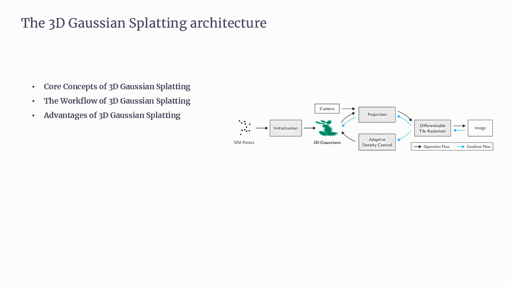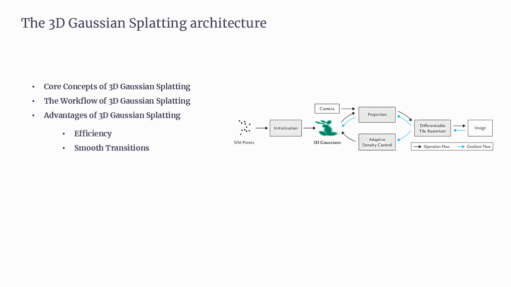The third, advantages of 3D Gaussian splatting. The key benefits of 3DGS include 1. Efficiency. Gaussian splats allow for the representation of complex scenes with fewer data points compared to traditional methods. This leads to lower memory usage and faster rendering times. 2.